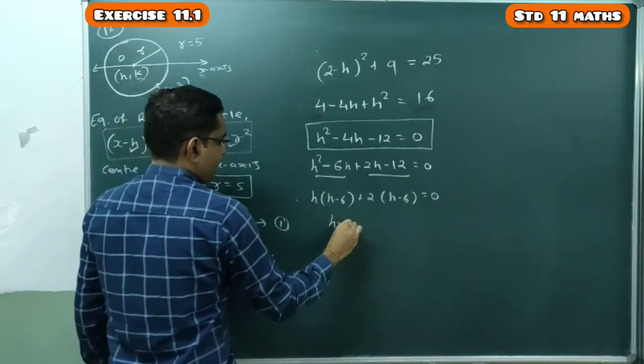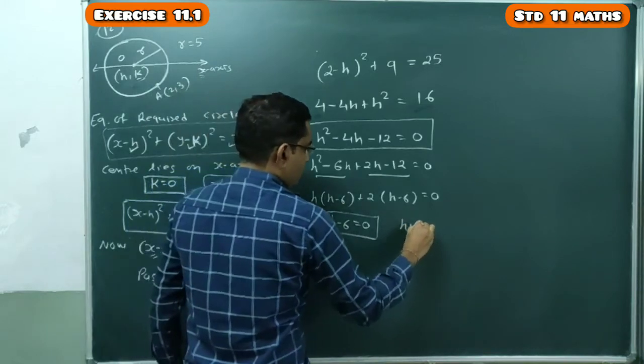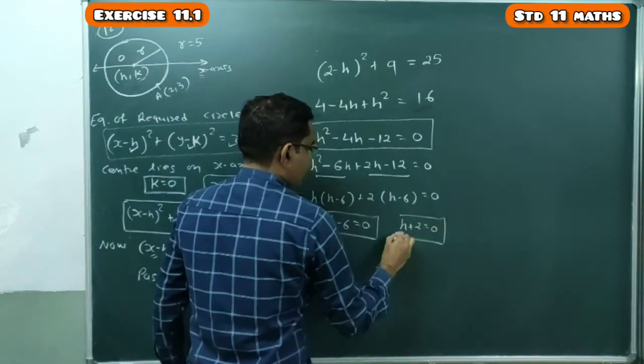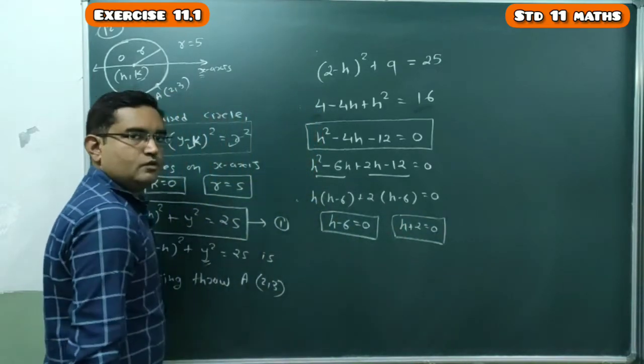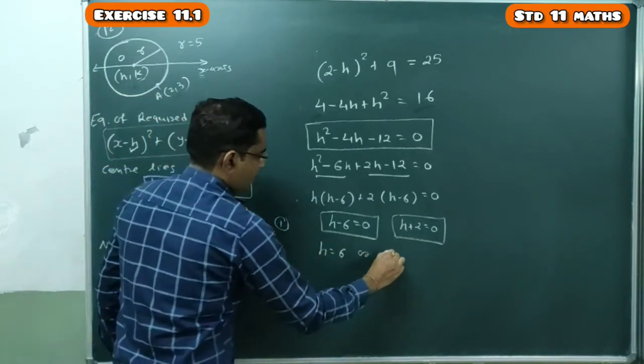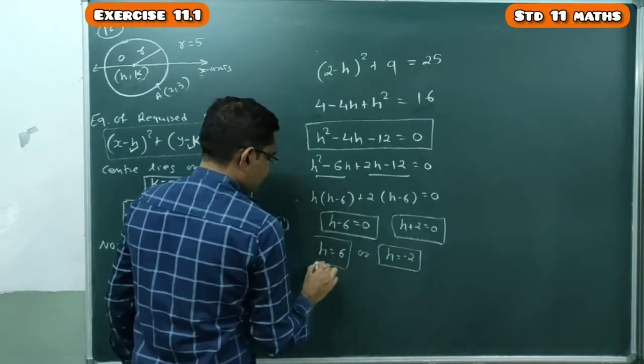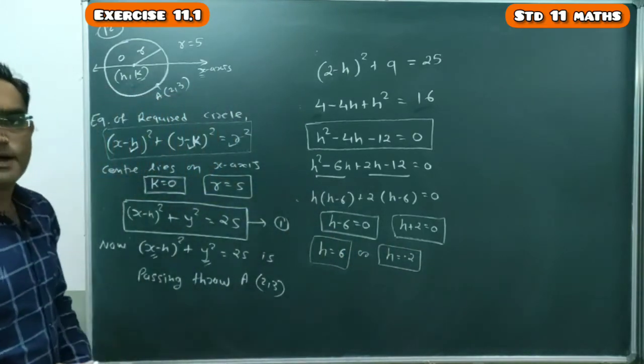Therefore we are getting h minus 6 equal to 0 and h plus 2 equal to 0. So two possible values of h are there. H equal to 6 or h equal to minus 2, which means two possible circles are there.